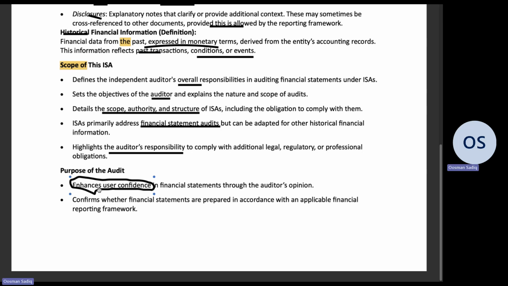Either the person knows me very well, but for a large business, that is not the case. So, how can you instill the confidence that I am doing the business to the best of my ability with the best of intentions? Okay, so to enhance the confidence, you do an audit, and then obviously it confirms that the financial statements are prepared in accordance with an applicable financial reporting framework.